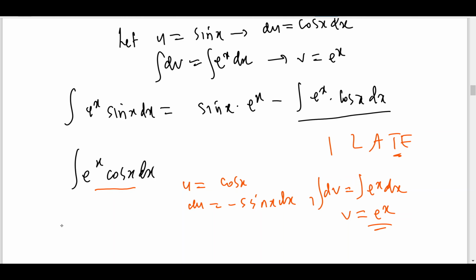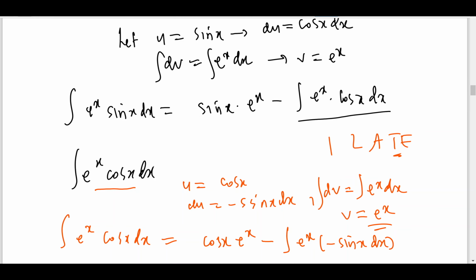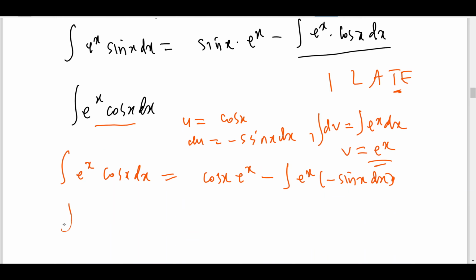Okay, so now the integral of e^x cosine x dx: u is cosine x, v is e^x, minus the integral of v du. Your v is e^x, du is negative sine x dx. We go further now.